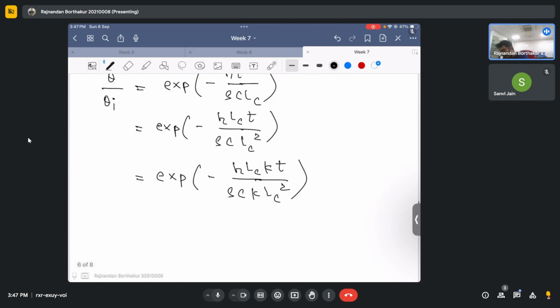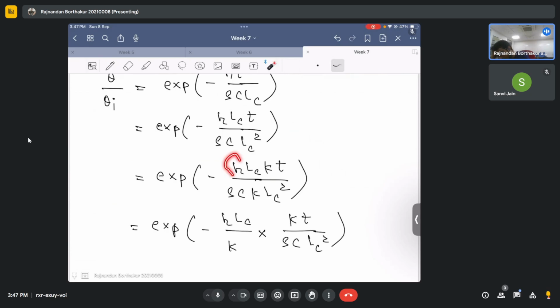And then I'll do a simple simplification. I'll just write this as hLc by k multiplied by what? I brought this hLc by k here, so this becomes k times t by rho C Lc squared. Just correct me if I'm wrong, but this should be this.